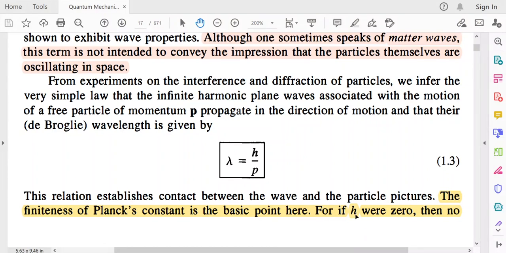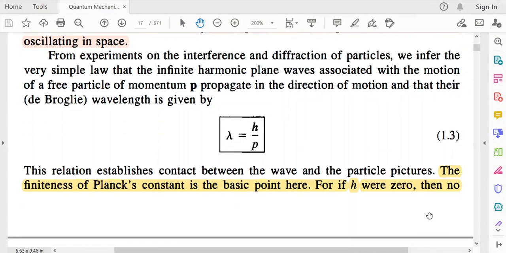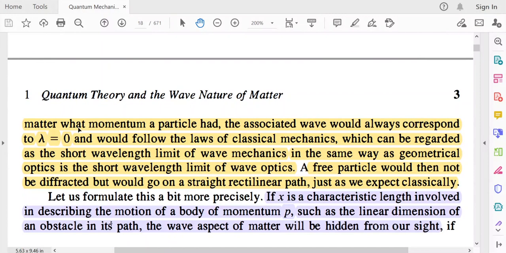For if h were 0, you see in this equation, if h is 0, then no matter what momentum a particle had, the associated wave would always correspond to lambda equals 0.